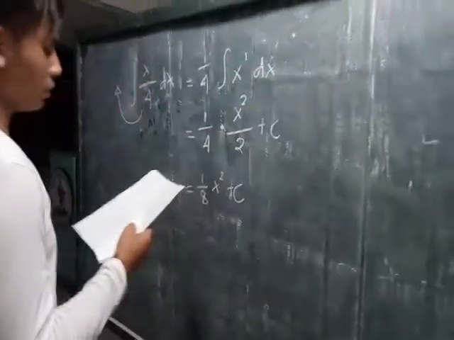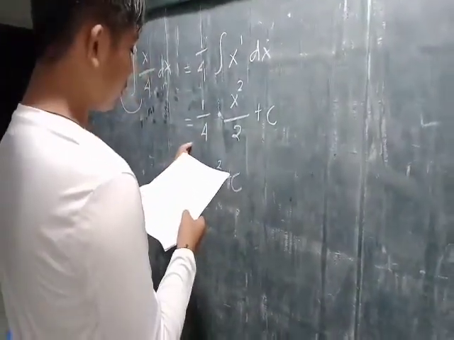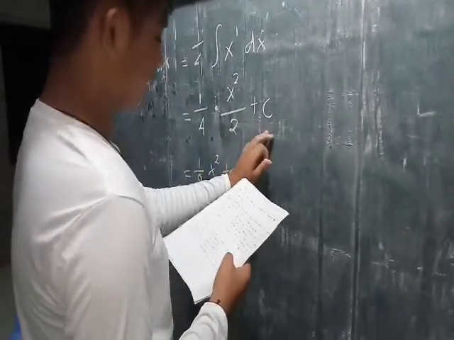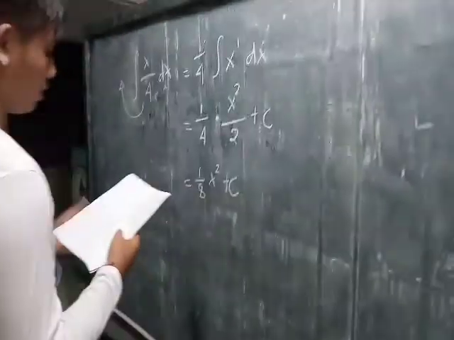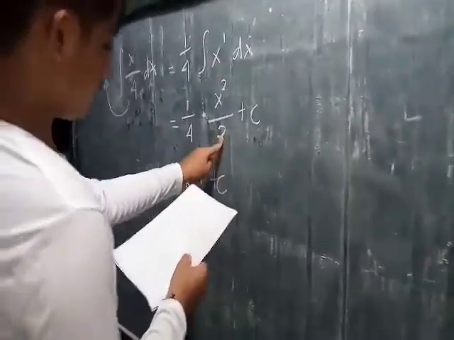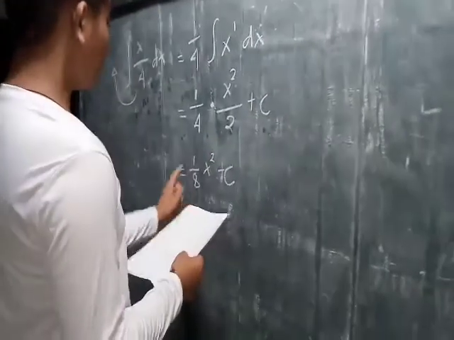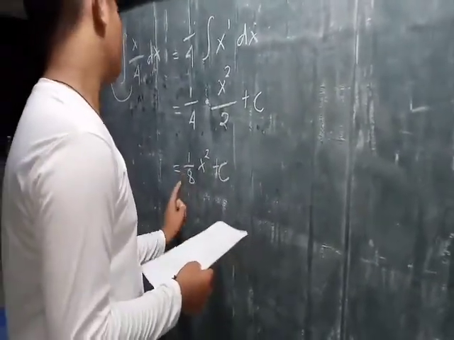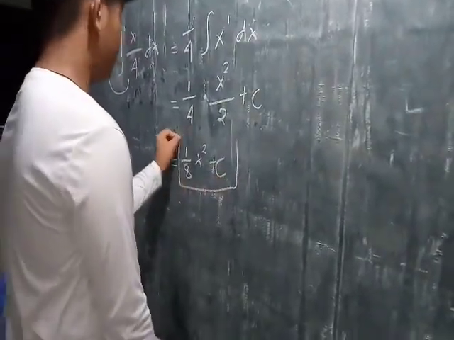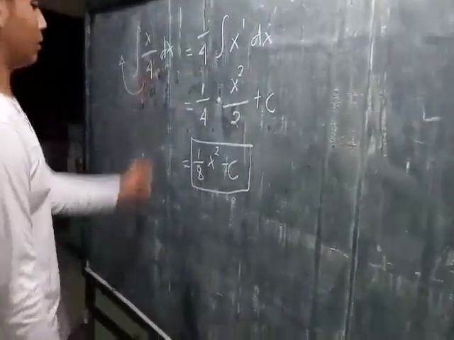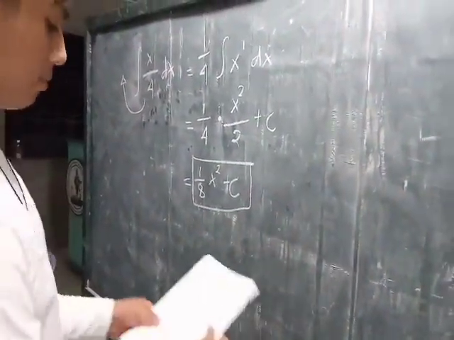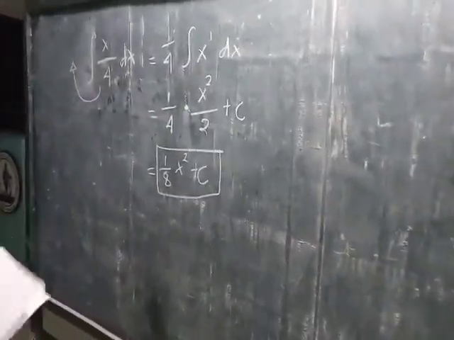Then use the power rule, so it's going to be 1/4 times x squared over 2 plus c. 4 times 2 is 8. So the final answer is 1/8 x squared plus c, the constant of integration.